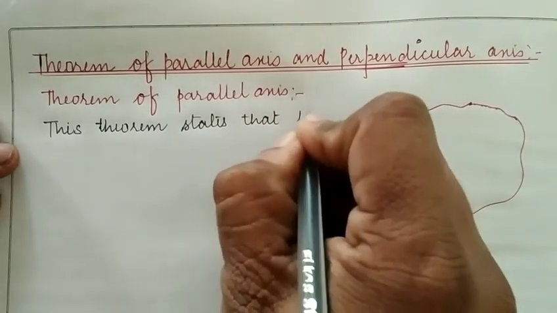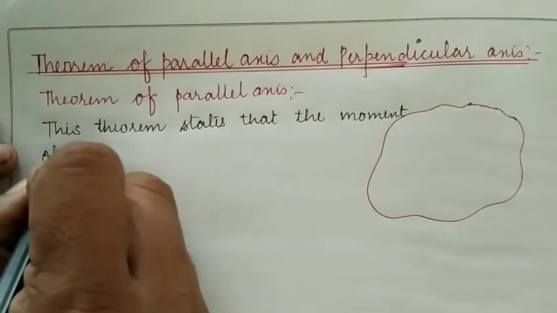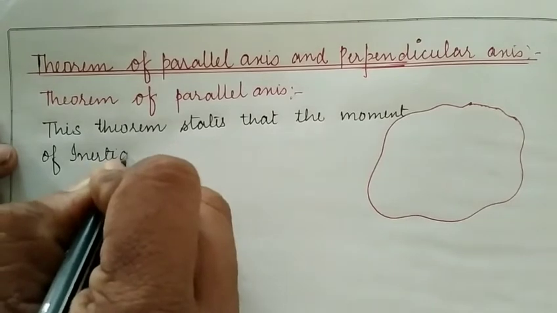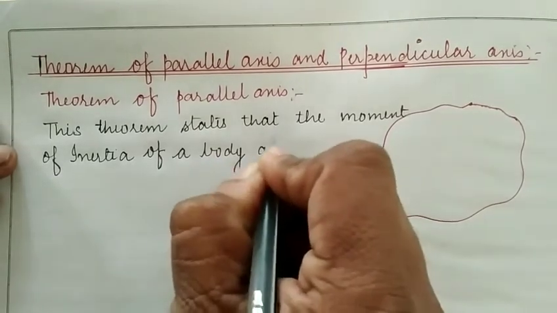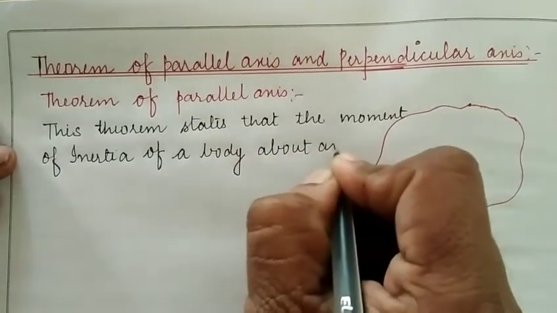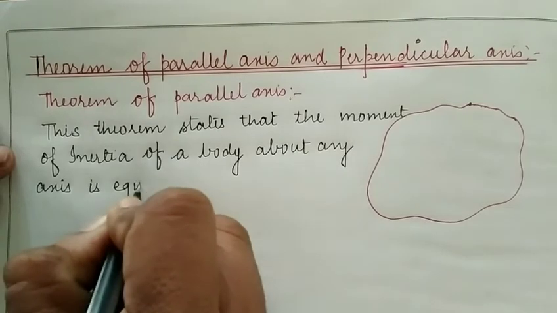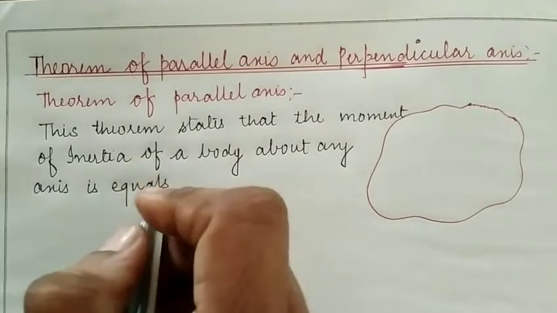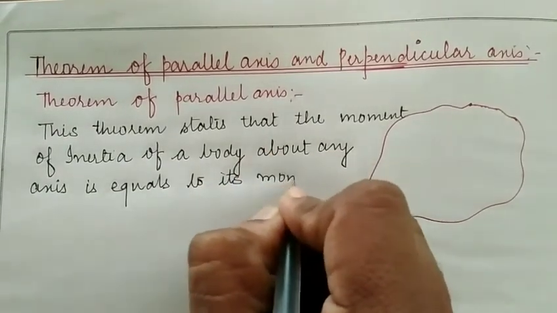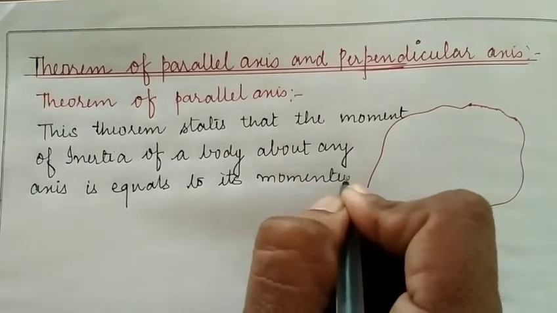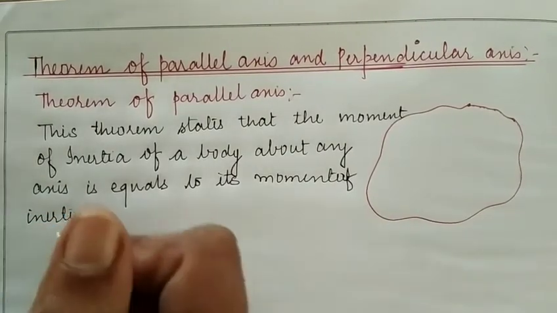the moment of inertia of a body about any axis is equal to its moment of inertia about the center of mass.